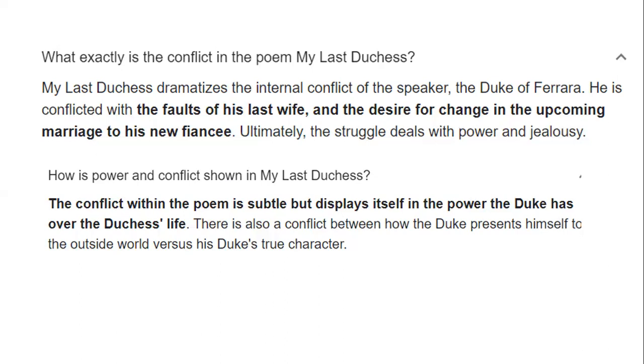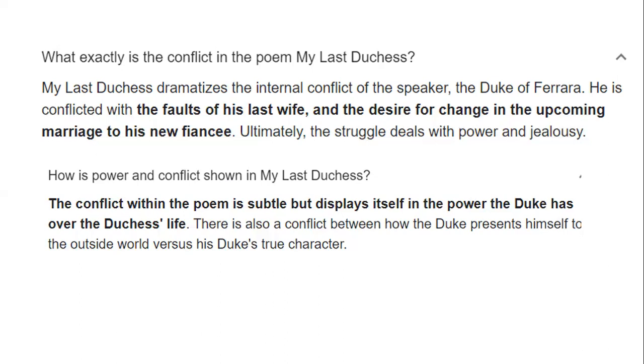And this is telling us about the irony of the fact that he has already killed his last wife, and he is still seeking to find a wife that is meeting his standards and someone whom he could correct, right? Which has a very diabolical ring to it.